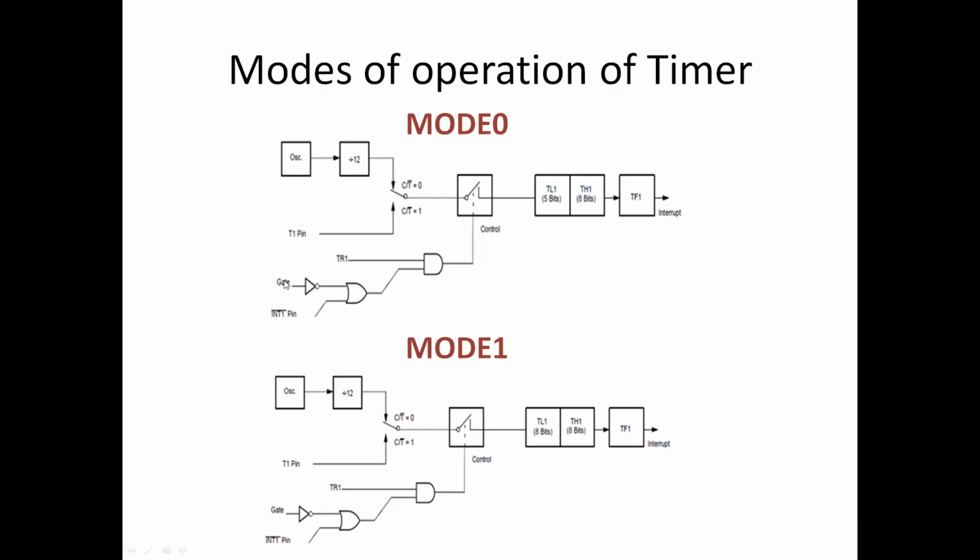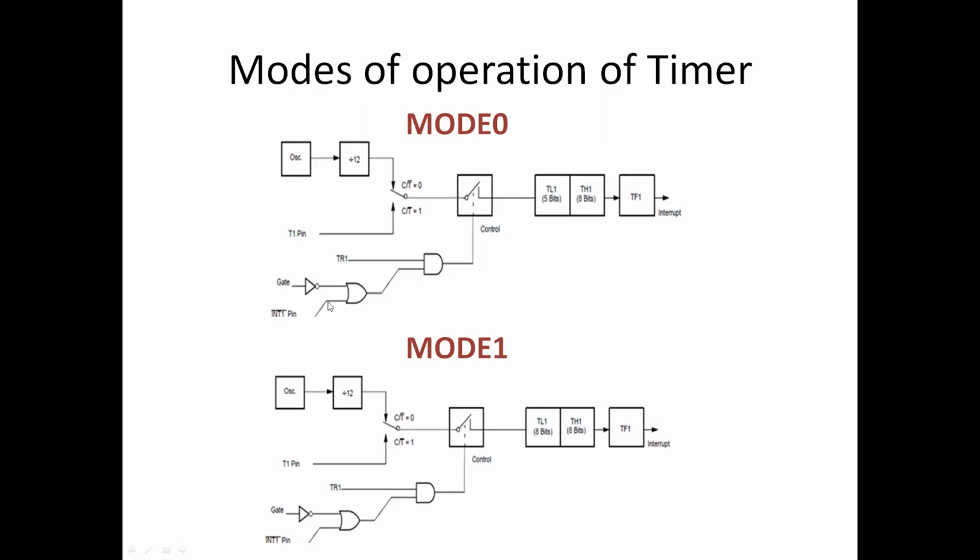For example, if the gate bit is 1, meaning you are enabling the gate, there is a NOT gate, so 1 becomes 0. This input is 0. Whenever this pin is also 0, the output will become 0.